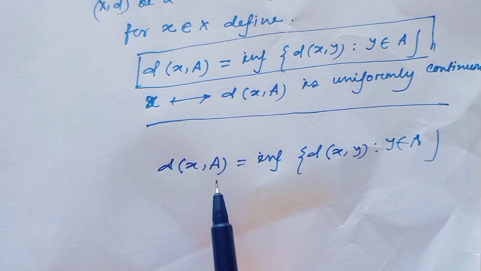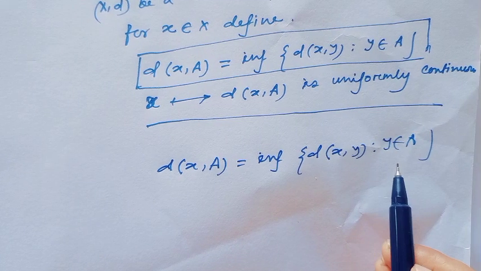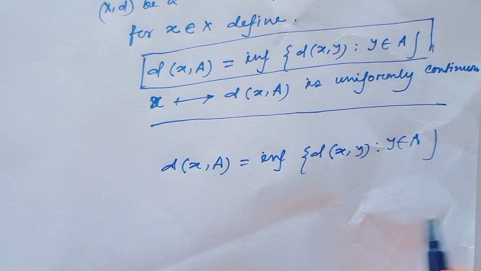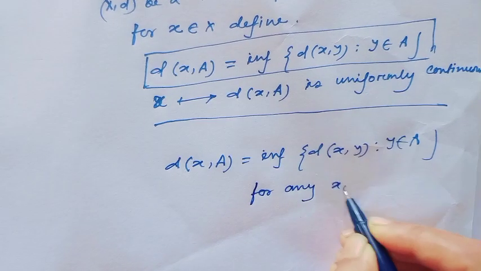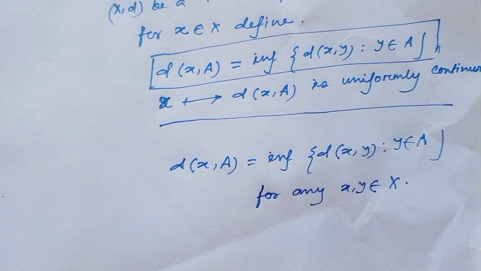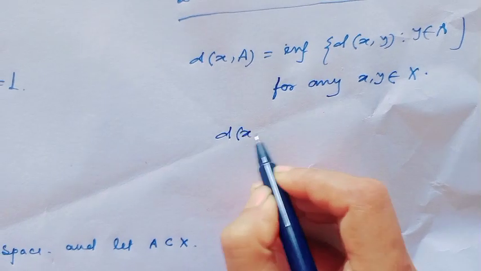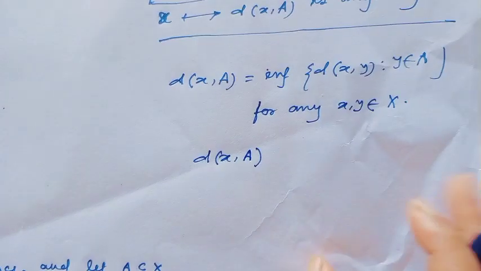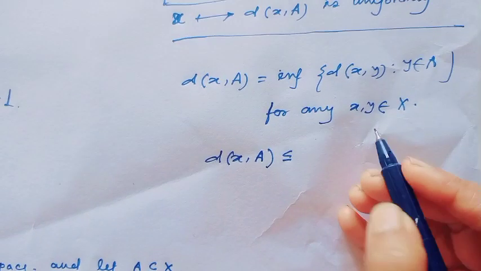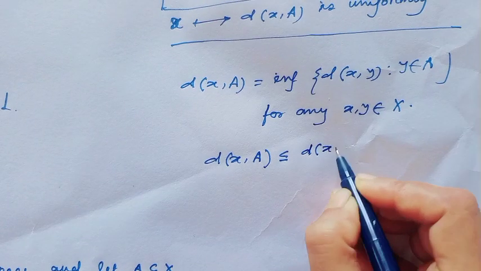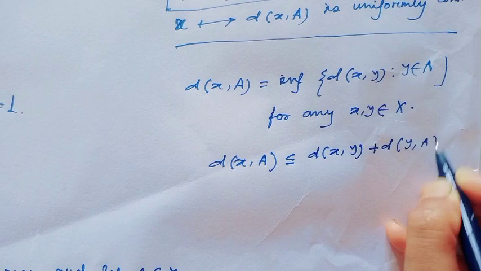Here the set d(x,A) equals the infimum of the distance d(x,y) such that y is in the set A, for any x, y belonging to the metric space X. We can write d(x,A) as d(x,y) plus d(y,A).